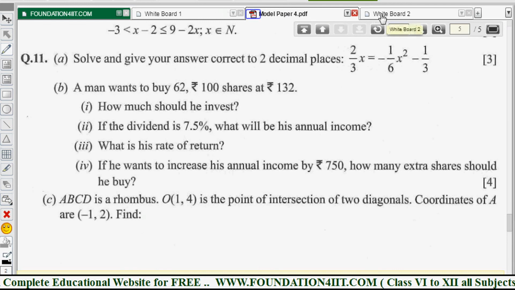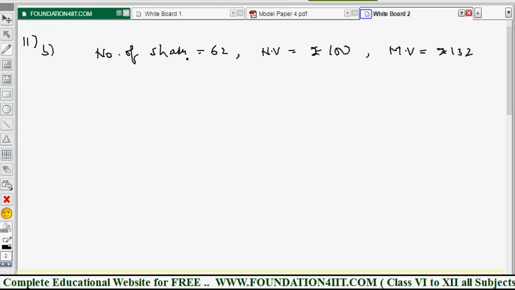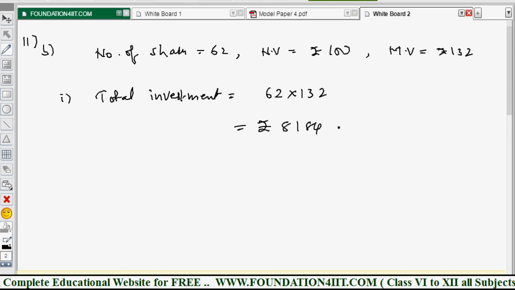We know that investment is number of shares into market value, right? Therefore total investment: number of shares is 62, market value is 132. Just multiply, the investment is 8,184.